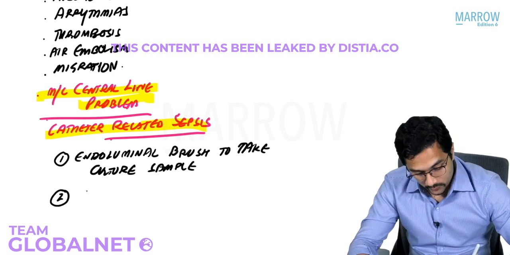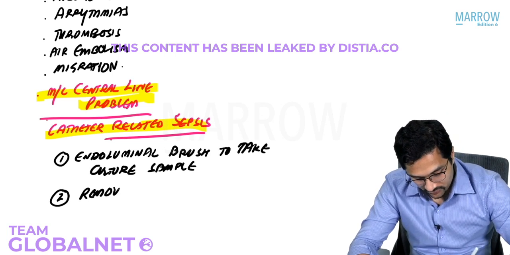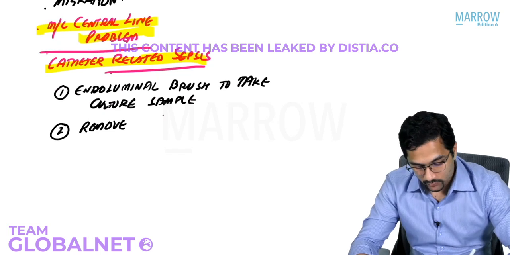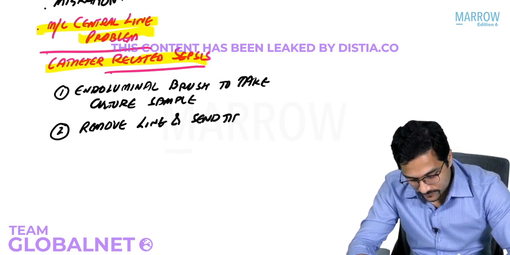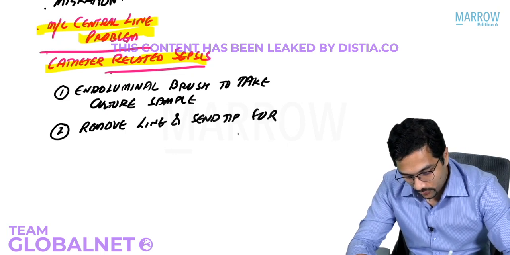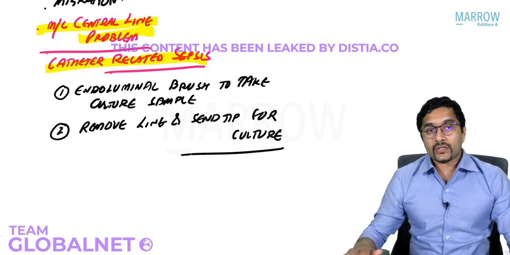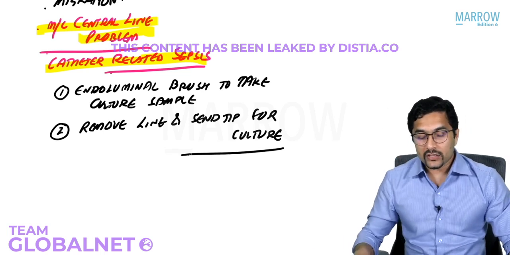Or what we can do is we can remove the line. If the fever is not getting corrected with antibiotics, remove the line and send the tip for culture. Send the catheter tip for culture.